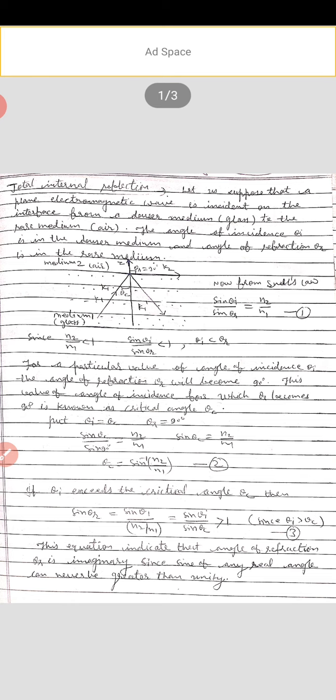We finally get sine theta C is equal to n2 by n1, and theta C will be equal to sine inverse of n2 by n1.